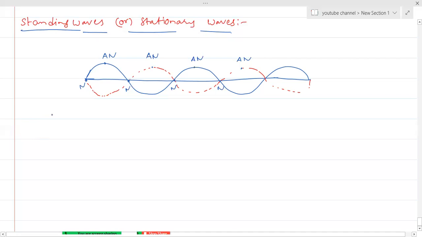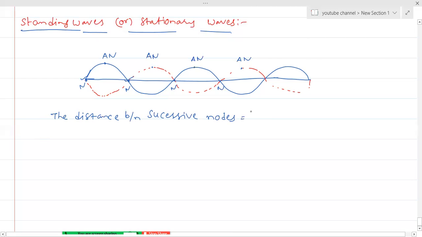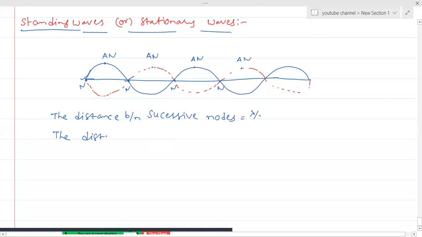Suppose the distance between successive nodes is nothing but this. Node to the next node is equivalent to lambda by 2. And similarly, the distance between successive antinodes is also equivalent to lambda by 2.